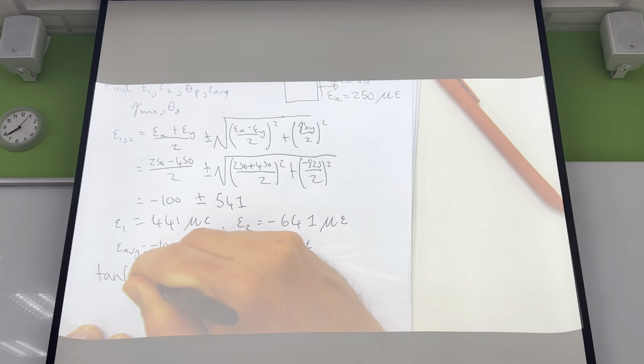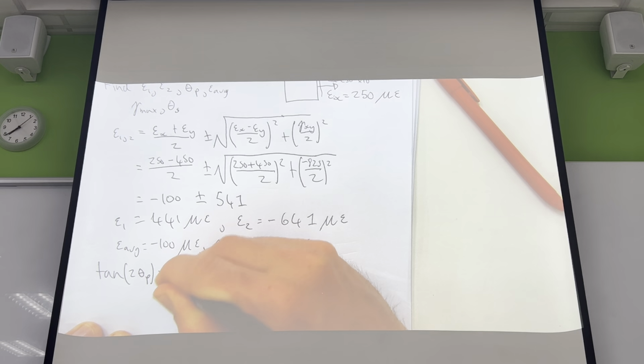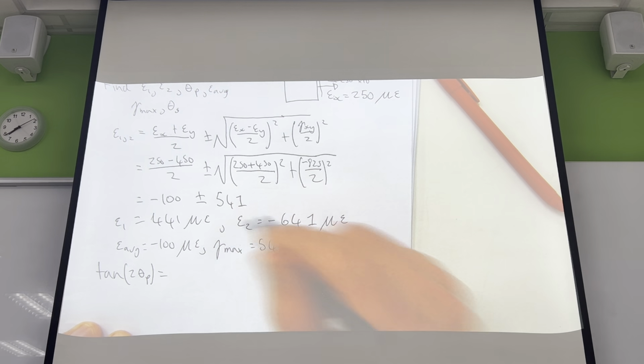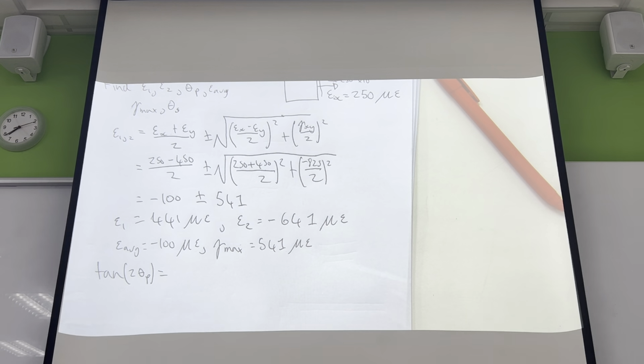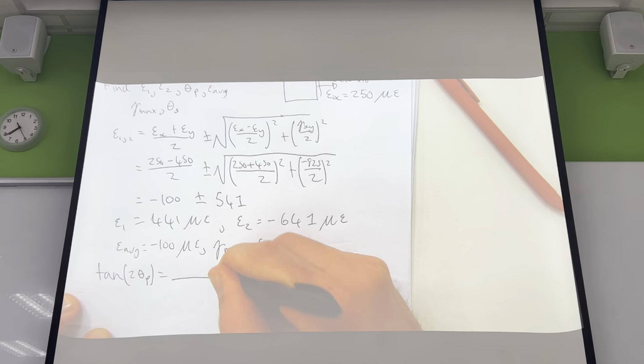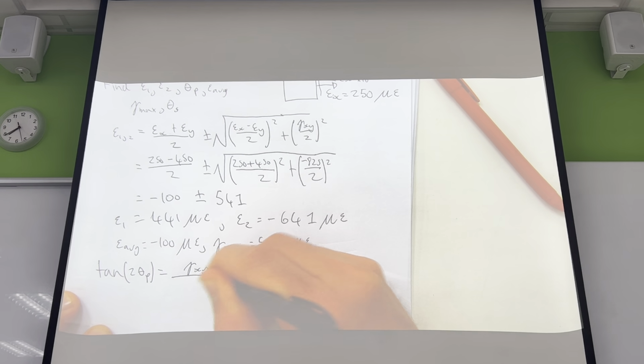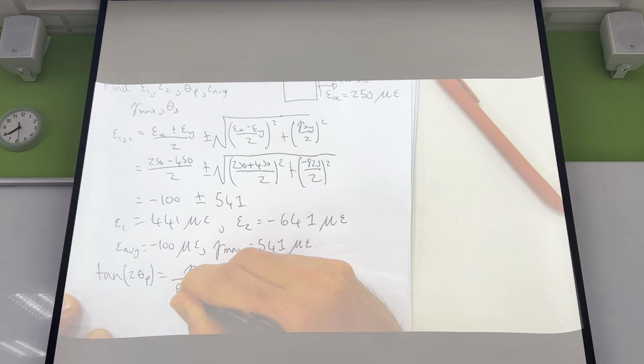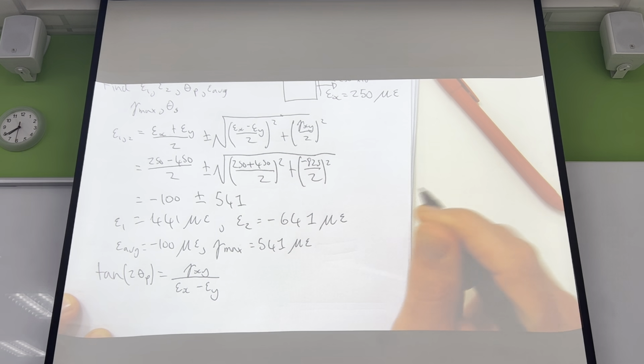Tan 2 theta p is just, previously it was 2 tau on the difference, but now we're replacing tau with gamma on 2. Oh, sorry, it was 2 tau, and so what we get is just gamma xy on strain x minus strain y.